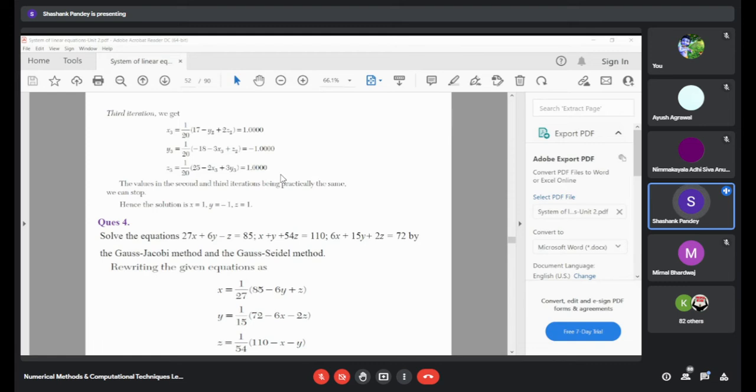You solve it by making y equal to 110 minus x minus 54z. You solve in that way, you will also get the same thing, no?